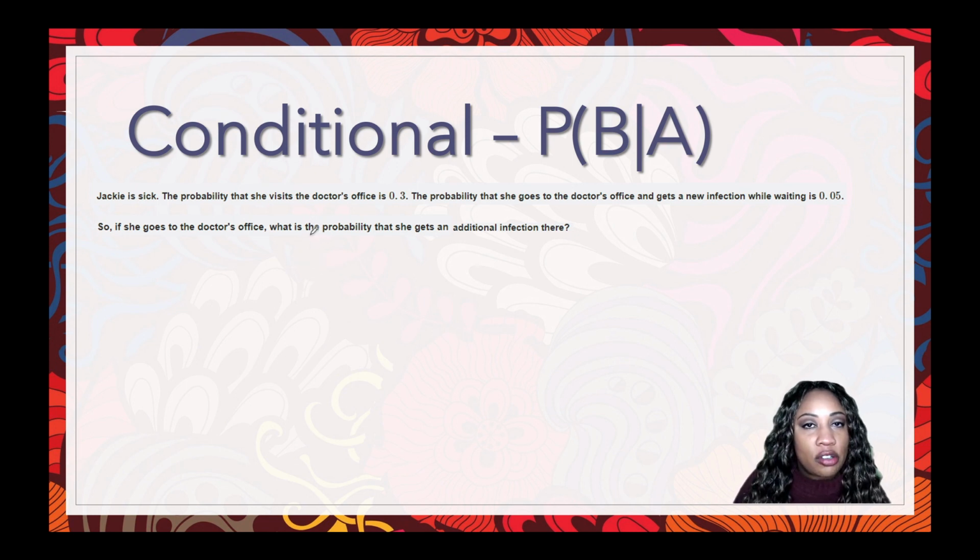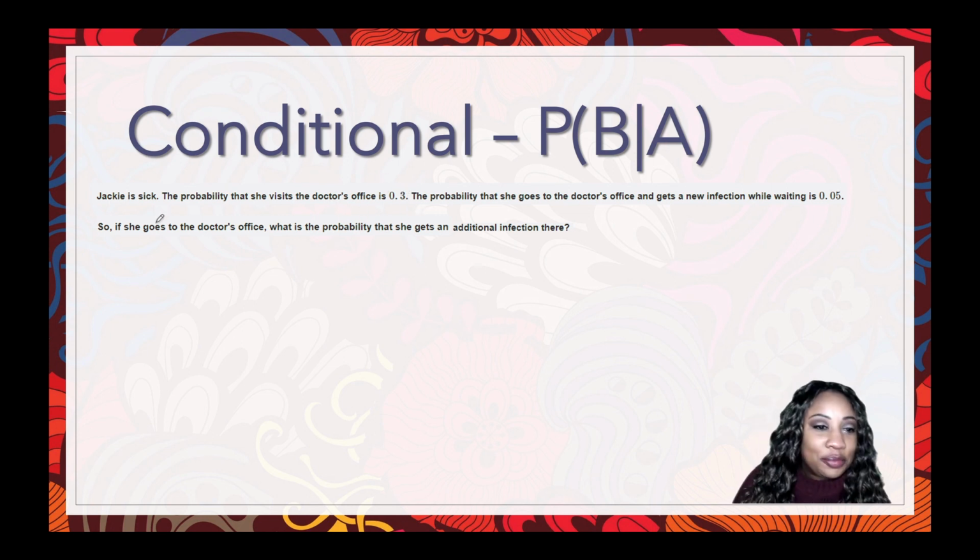So, straight to the question. If she goes to the doctor's office, what is the probability that she gets an infection there? I want you to find that keyword that's going to tell me what formula I'm going to use. Which one is it? Correct.